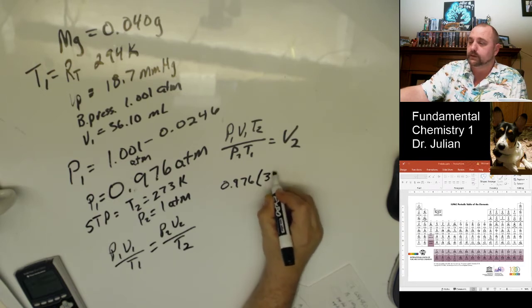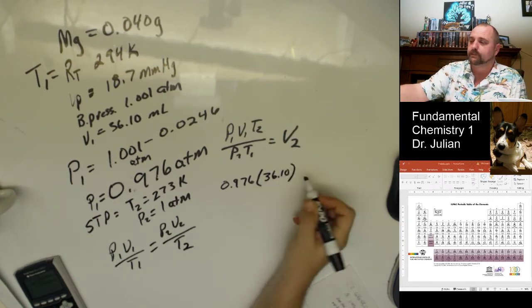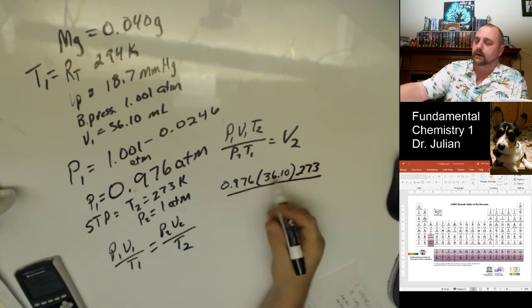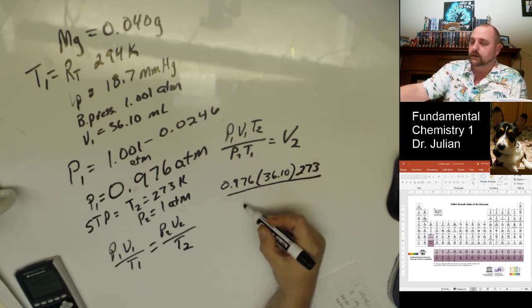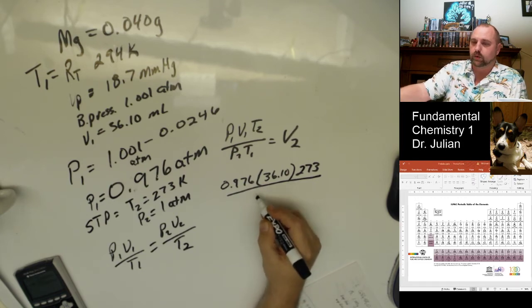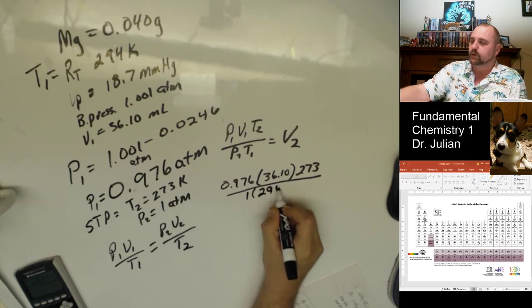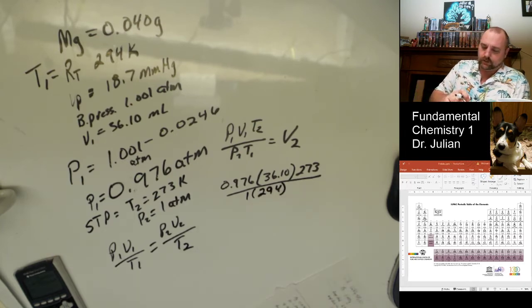We'll leave it as milliliters, 36.10. T2 was 273, and the P2 was 1, and T1 was 294. So 0.976 times 273 times 36.1 divided by 294.